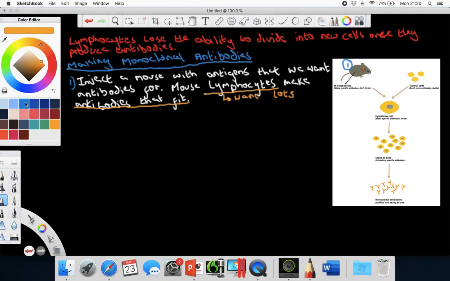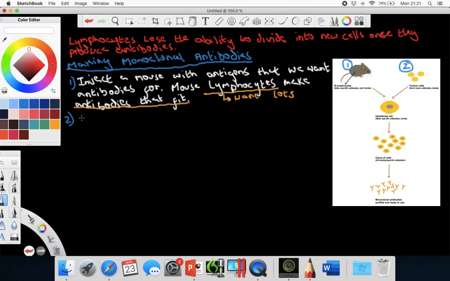So what scientists do is they take cancer cells, they take cells from a tumour, and they join these lymphocytes to a tumour cell. Now, tumour cells are very, very good in the sense that they keep going through mitosis. So if we join the tumour cell with a lymphocyte, we should get a lymphocyte that just keeps going through mitosis and it produces lots of antibodies.